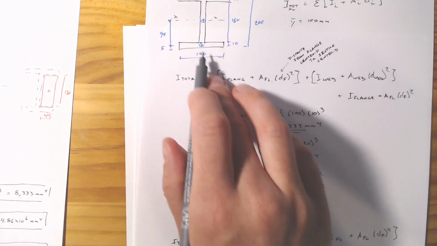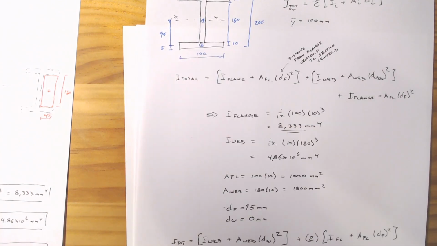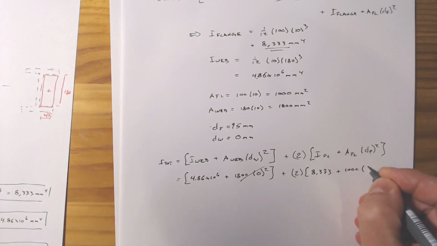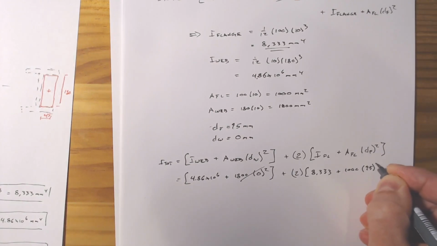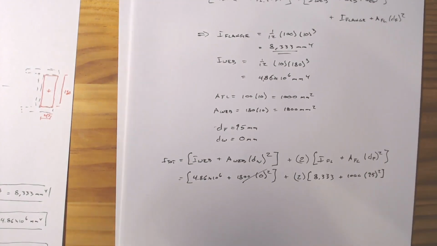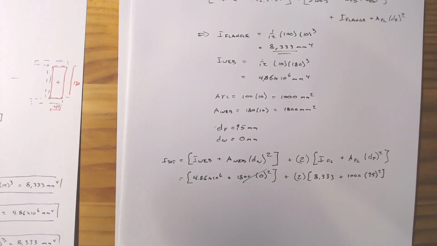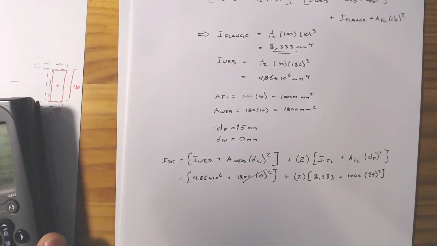Again, 95 from the centroid here to here, times 95 squared.